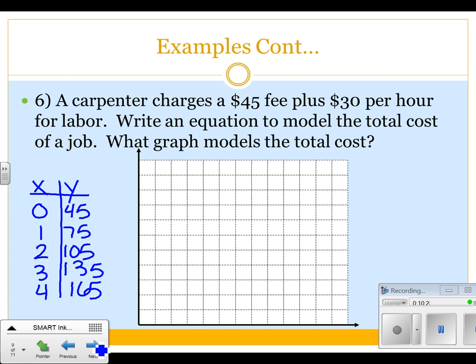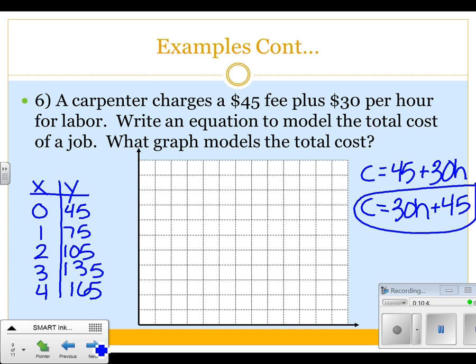So our equation, the total cost is 45 initially plus 30 per hour. I could change the order of that to put it in slope-intercept form. So my slope is 30 and the y-intercept would be 45. So I'm going to change my interval.